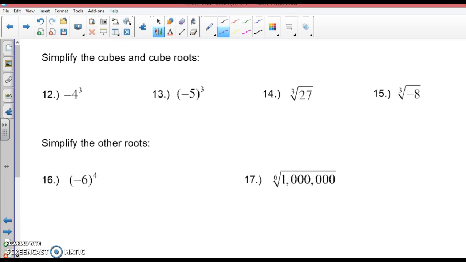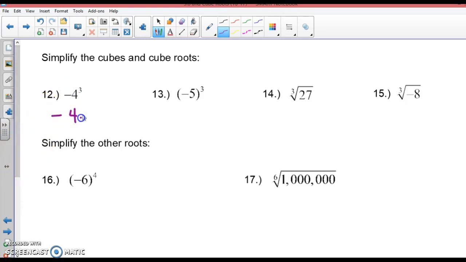All right, now we are talking cubes. The cube root of 3 written like this. This is a giant concept. I'm sorry, negative 4 cubed written like this. What is being cubed here is the 4.